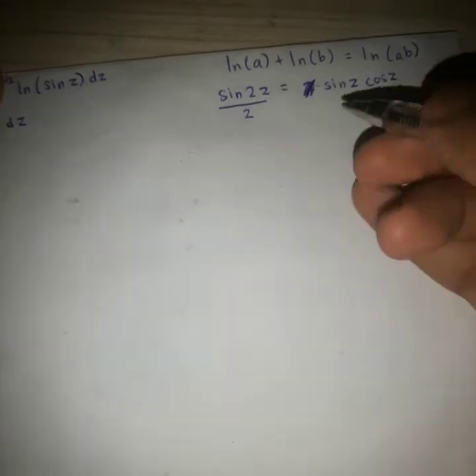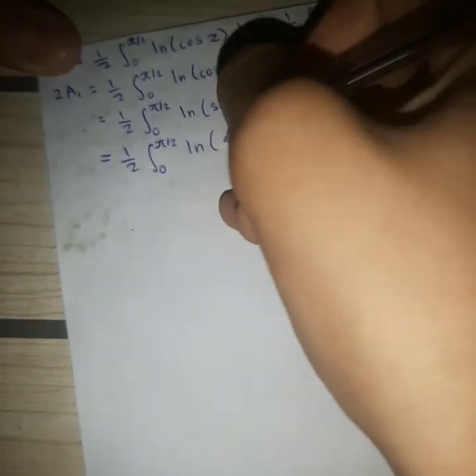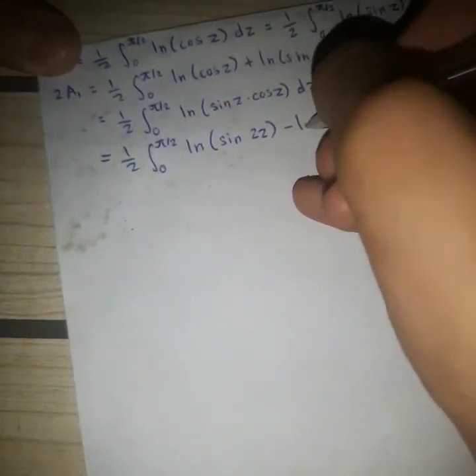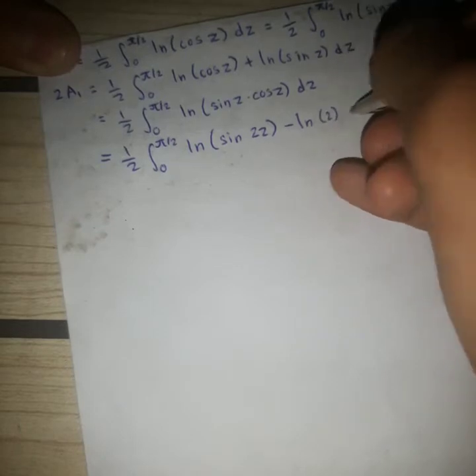So sine 2z over 2 is just equal to sine z times cosine z. And by using this identity, our integral is just equal to 1/2 of the integral from 0 to pi over 2 of ln of sine 2z minus ln of 2 dz.